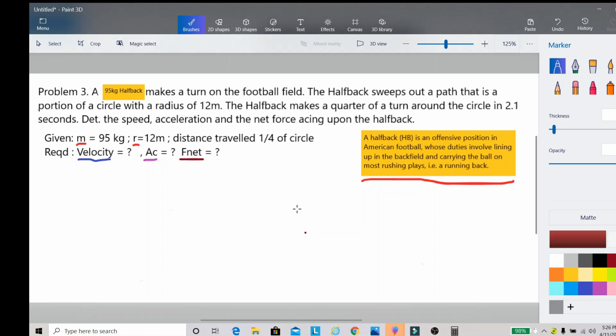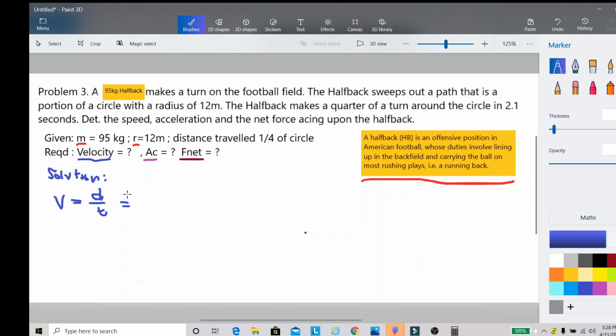Okay, so we will solve first for the velocity. Let us make it blue. So we solve for the velocity. Velocity is equal to the distance or the displacement over time. But what is the displacement of this football player? That is actually a quarter of a circle.